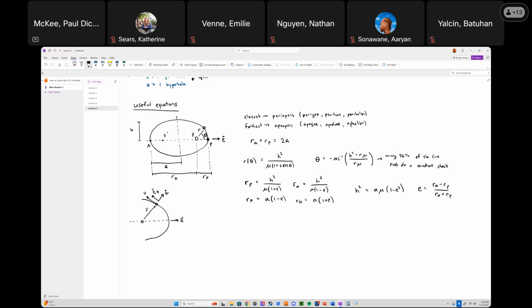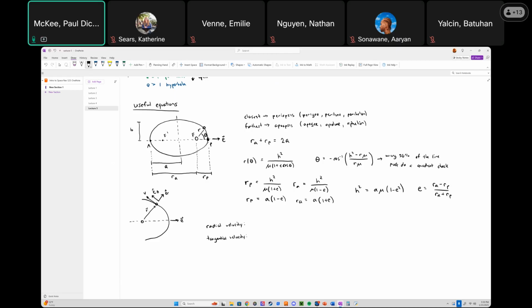We can come up with equations for the component of velocity in the radial direction, your radial velocity, and the component of your velocity in the tangential direction. So radial velocity and tangential velocity. Okay.